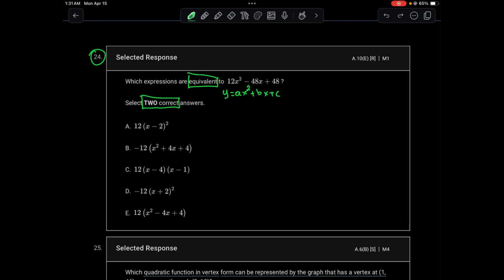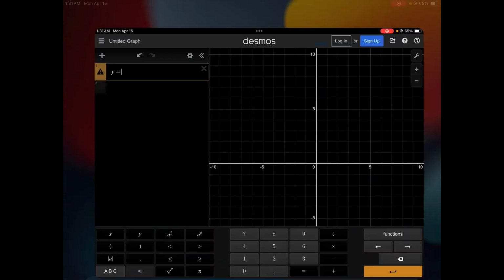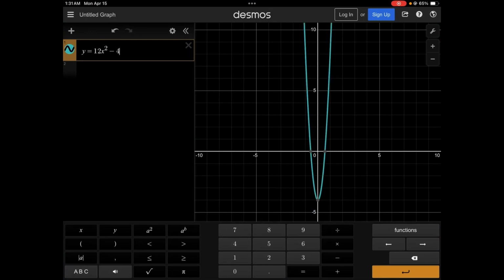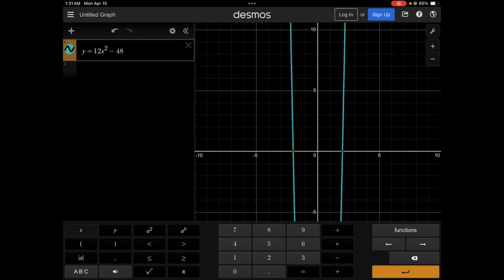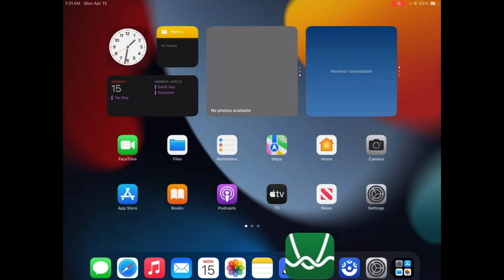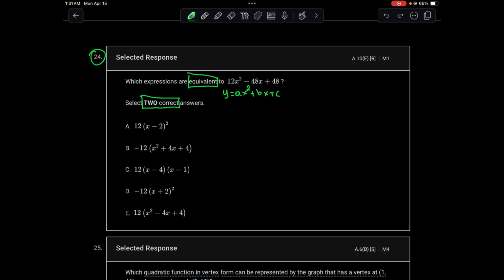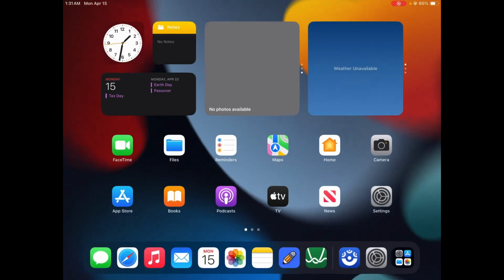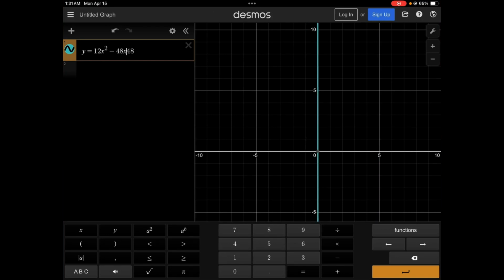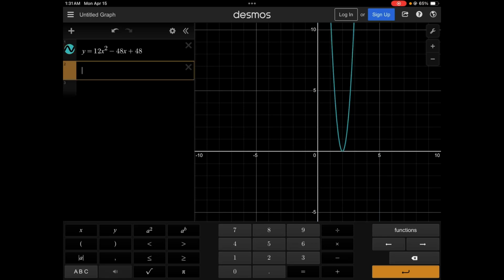Y equals 12x squared minus 48x, I don't remember now, was it minus 48 or plus 48? Plus 48. Okay, we have the first graph.